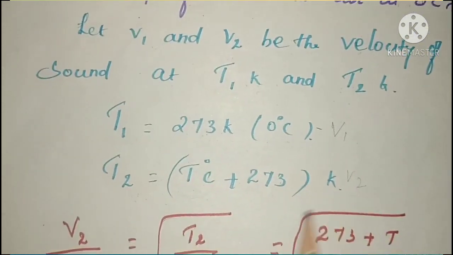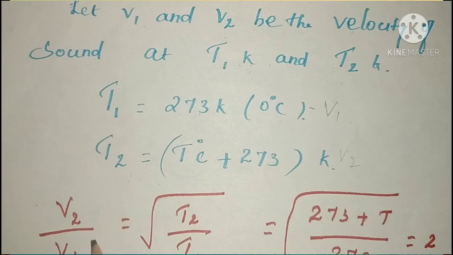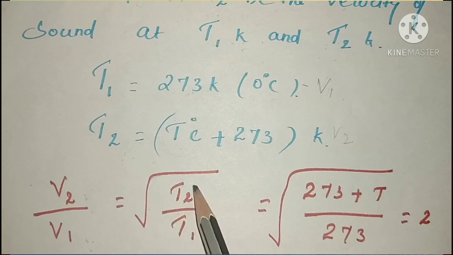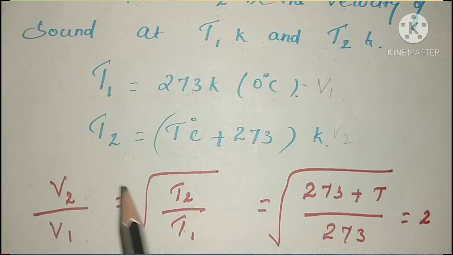So the ratio of V2 by V1, the velocity at T2 divided by the velocity at T1, is V2 by V1 equal to the square root of T2 by T1. Why are we taking the square root of T2 by T1? We all know that the velocity is directly proportional to the square root of the temperature. Already we learned the factors that affect the velocity of sound.